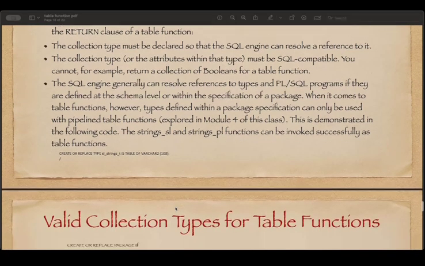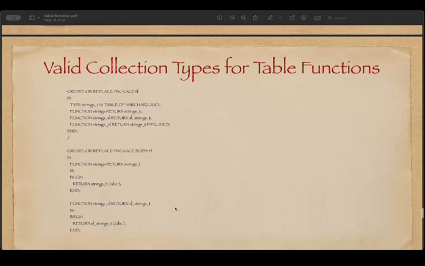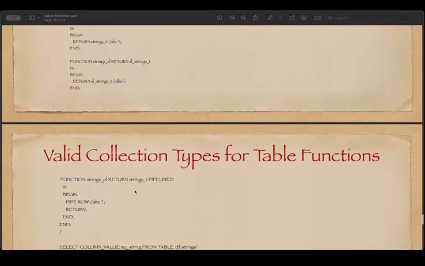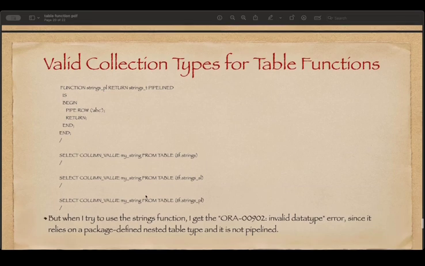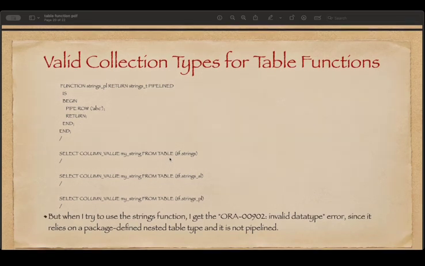Here we defined the type and then the package and then the package body, and then we are using it in our select statement as a table function through the package. So these examples are here just to show you the code. You can run that code in your environment and you can test it.